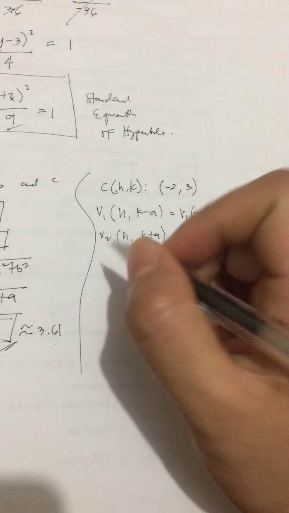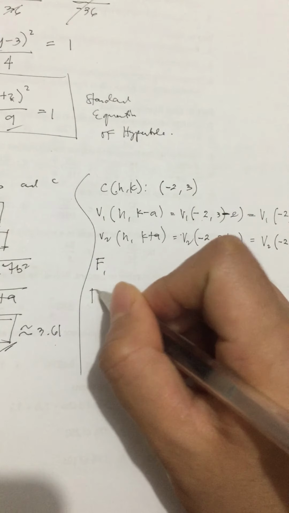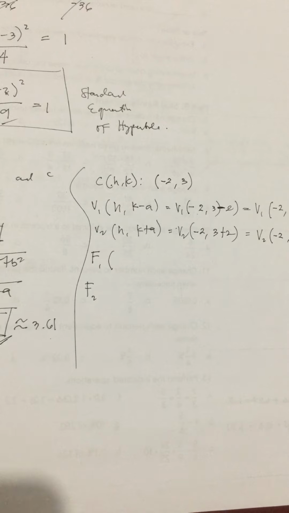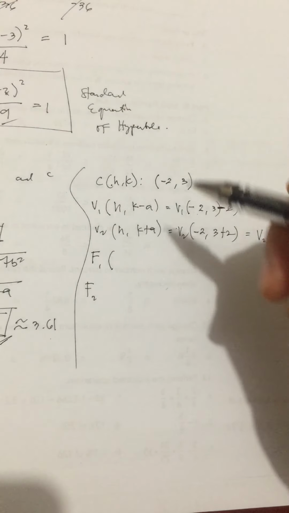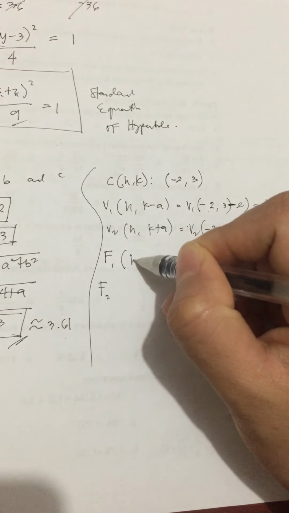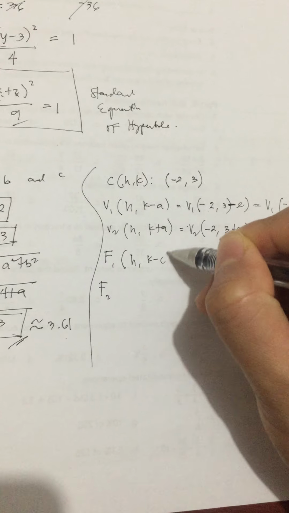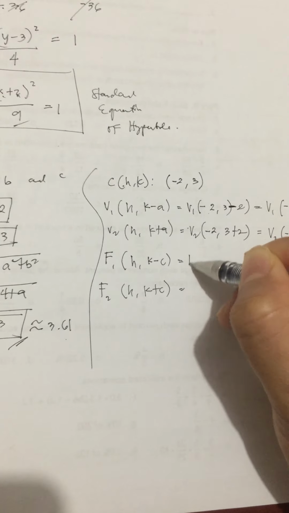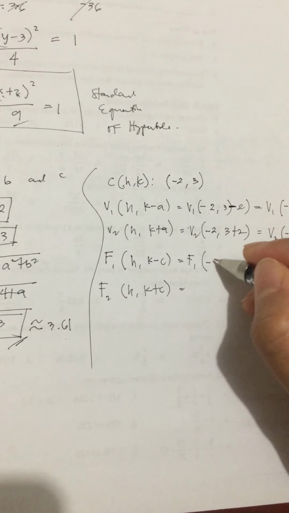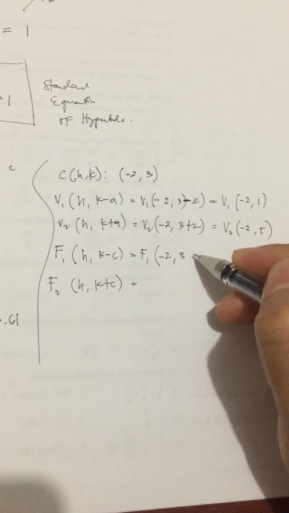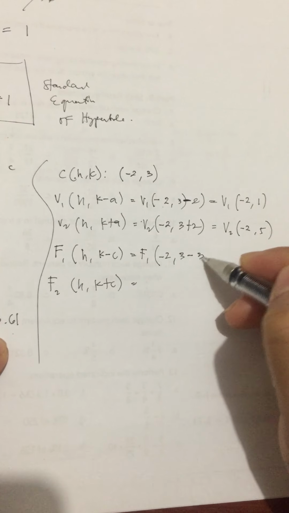And then we now proceed to our foci, focus 1, focus 2. For our focus, again, we are going to just subtract and add C to our k, kasi vertical nga siya. So we now have h, k minus c, and then h, k plus c. So focus 1, we have negative 2, 3 minus, what is our C? 3.61.